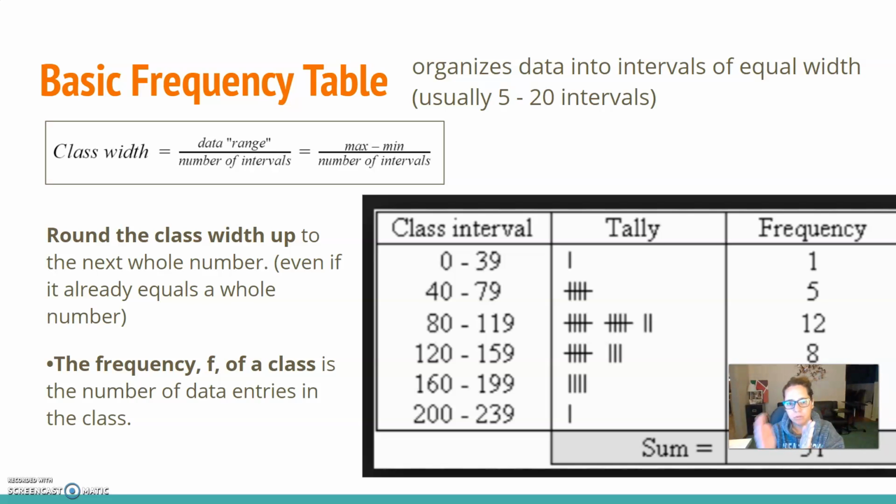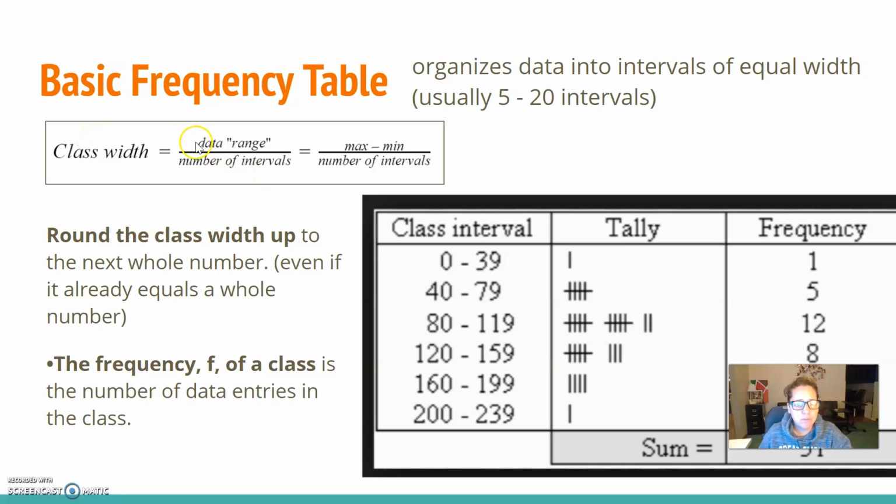Some people have 2 to 3, or 0 to 5, 6 to 10, etc. And we usually stick between 5 to 20 intervals. If it gets more than that, it's hard to see patterns, and if it's less than 5, it's hard to see the patterns of what's going on. So you want at least 5 and at most 20 intervals most of the time.